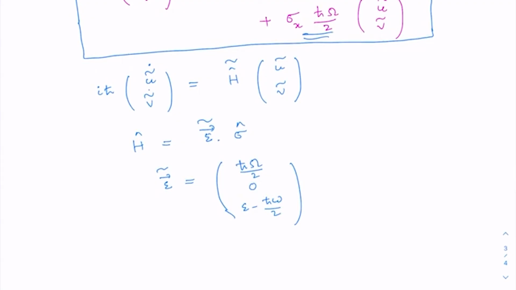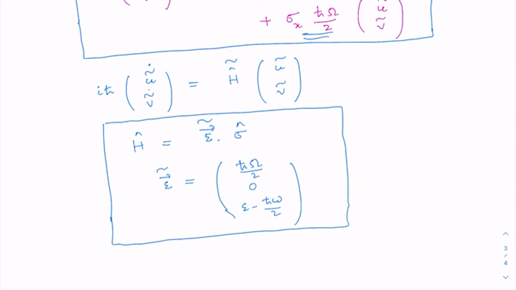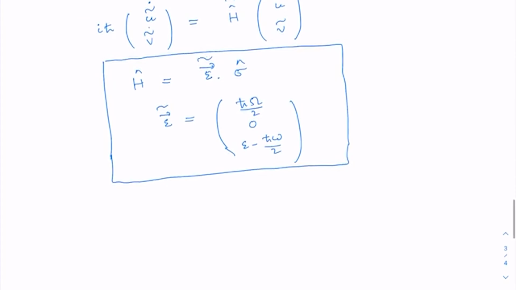So what you have seen is that effectively I had a time dependent problem. I'm now turning it into a kind of time independent problem by using the so-called rotating wave approximation.